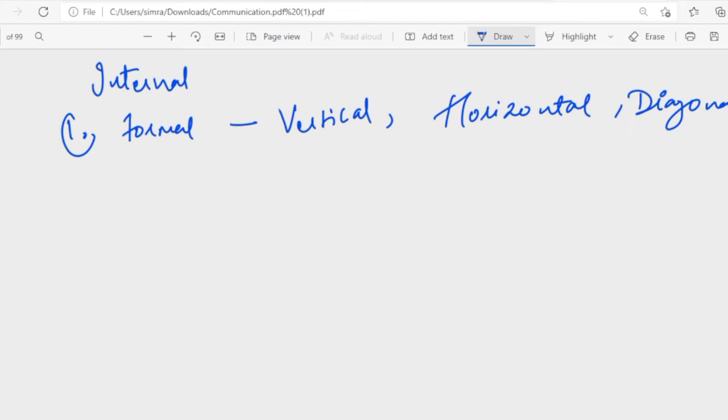An HR manager will speak with a marketing employee. A finance employee will speak with an IT manager. That is which type? Diagonal. In diagonal, we don't see the post, ranking, grade, any such thing. So I hope you have understood in internal what is the first type, that is formal, and in formal what are the different types.